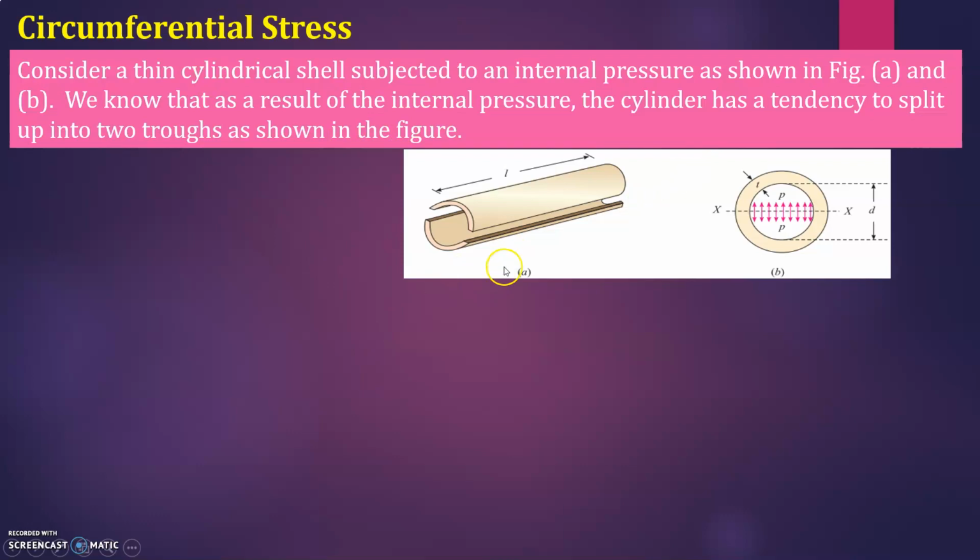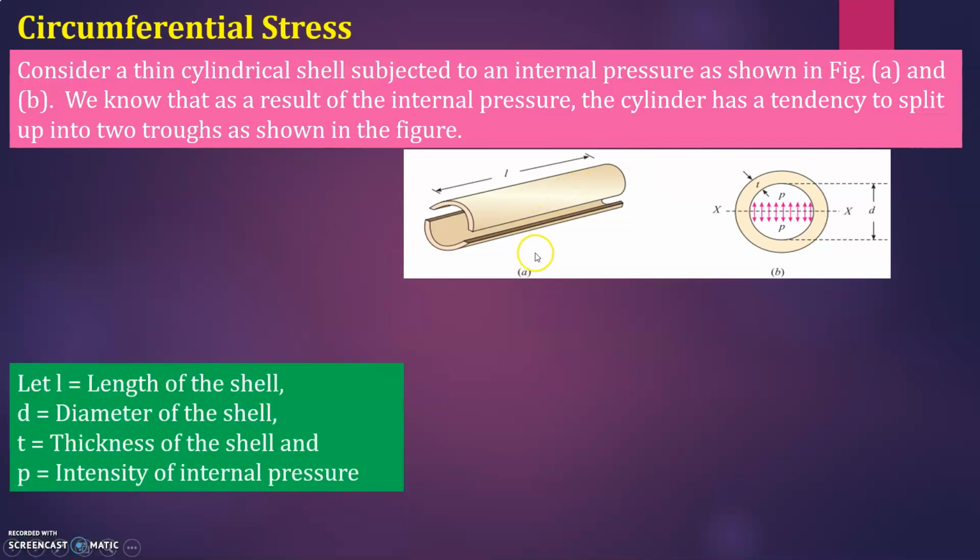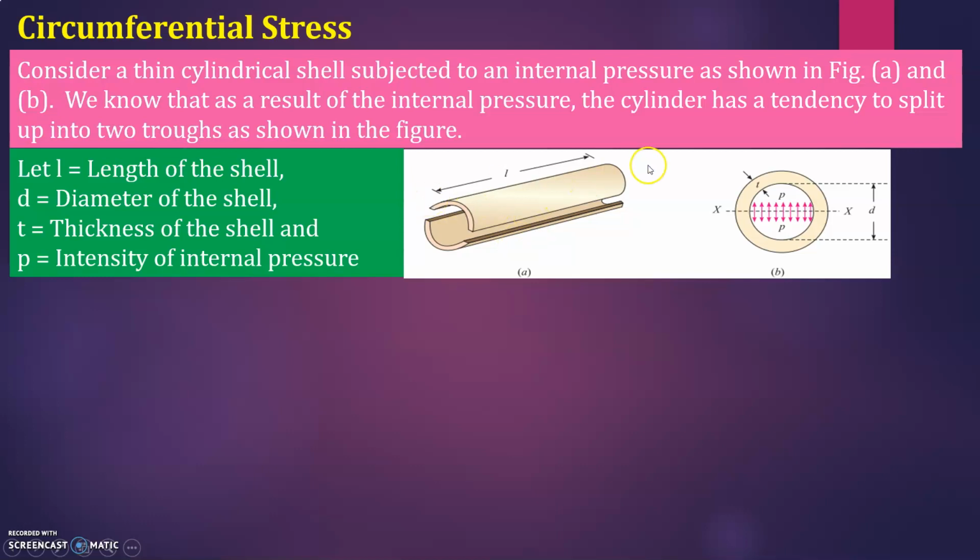First, we will take the first condition, where it splits into two troughs. Here L is the length of the shell, D is the diameter, t is the thickness of the shell, and P is the internal pressure.